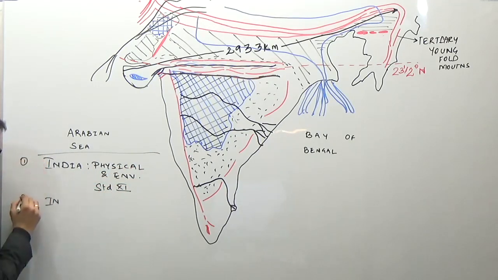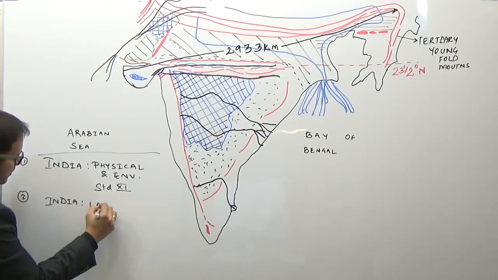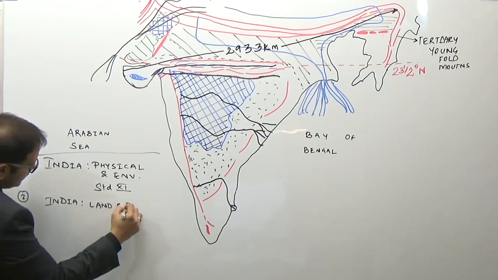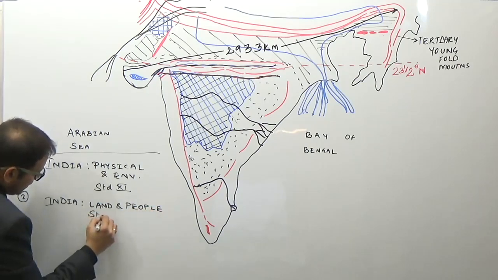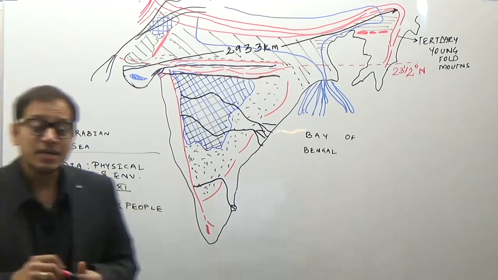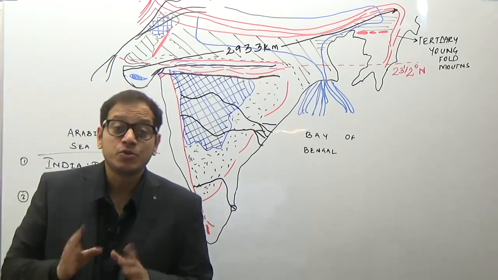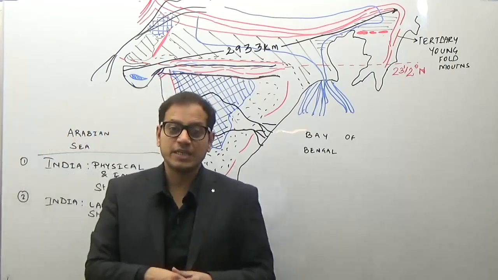The second book is India: People and Economy... India, Land and People, Standard 12th NCERT. These are the two NCERTs which are a must for any student who wants to study Indian geography properly to clear the civil service examination.